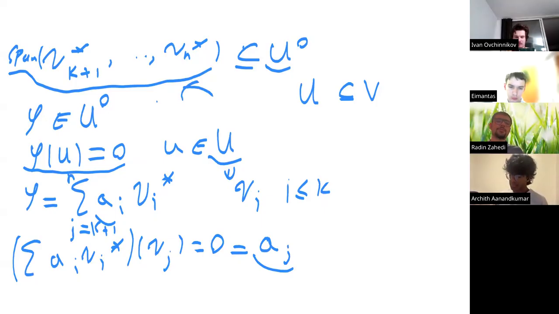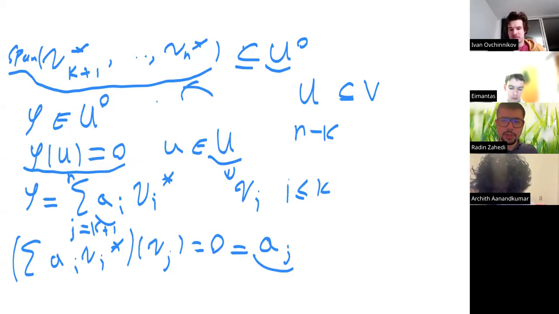So we've just proven that this annihilator is just the span of the dual basis of our extension, since there are just n minus k basis elements. Then of course the dimension of U star, so U 0, would be just n minus k.